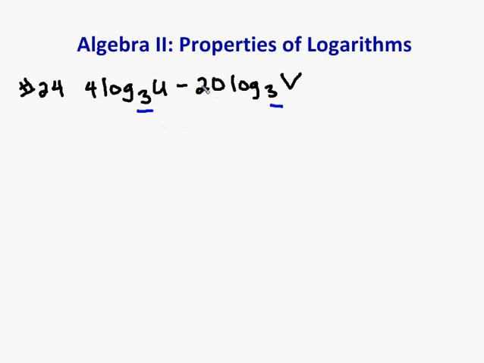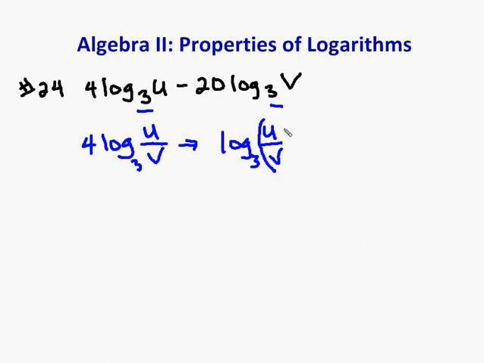And so we start again by using the quotient property, and the quotient property says that this is the same as 4 log of u over v, or log u with a base of 3 over v to the 4th. Oh, excuse me.